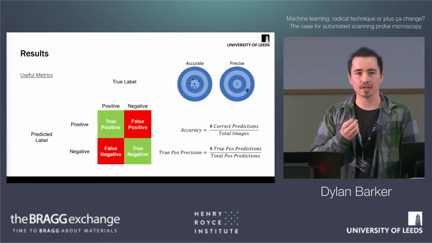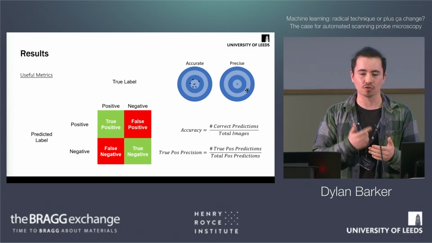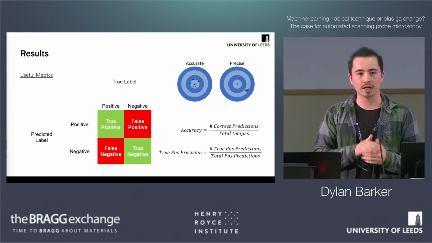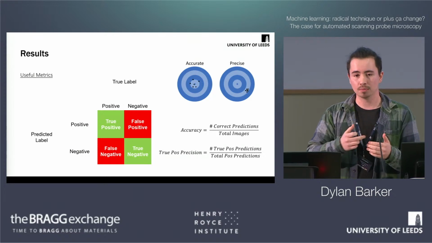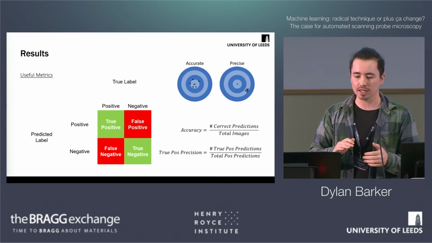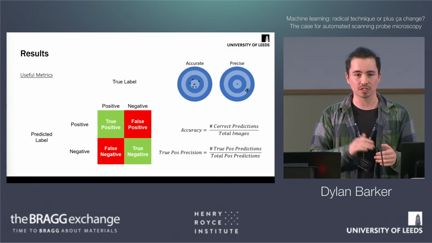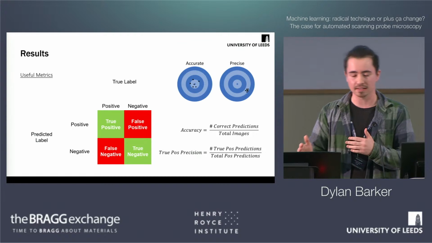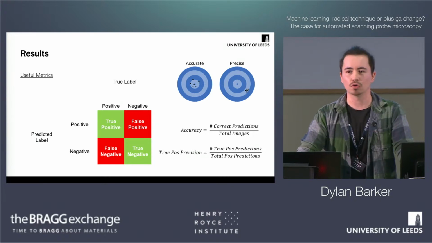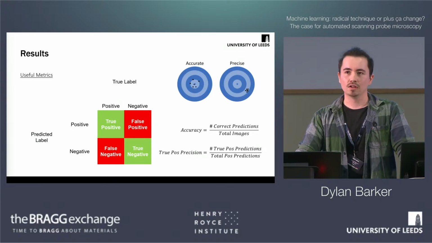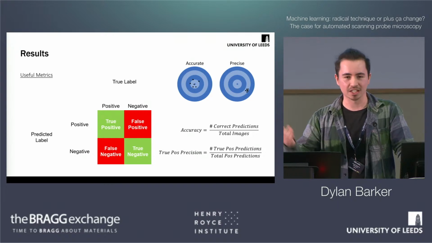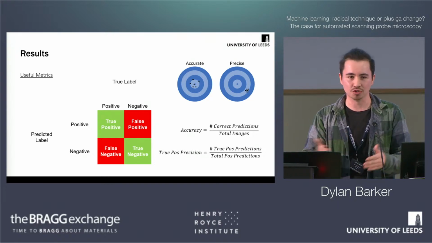That is essentially the percentage of the time that our model predicts something to be a good image and it's correct in that prediction. This doesn't take into account any images that are good but are predicted as bad. We don't mind if it throws away some good images as long as it's very certain when it finally says it's a good image. That's just so that we're not doing any experiments, say, using a bad tip.